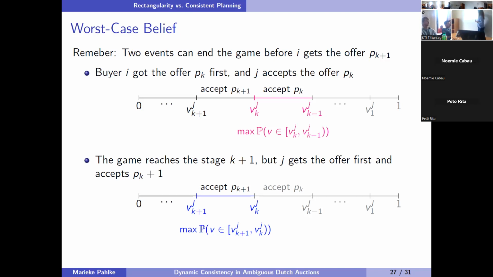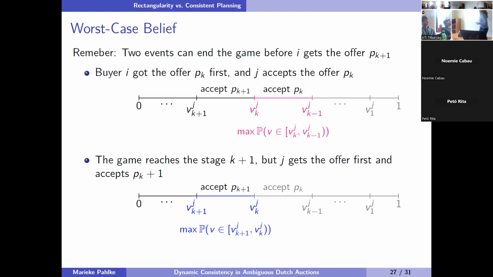Consistent planning evaluates those events with the same beliefs. So it basically evaluates both events with the belief that gives you the worst case here, and therefore it gives a lower probability to this one. And therefore, the probability that I get the next offer is higher under consistent planning.